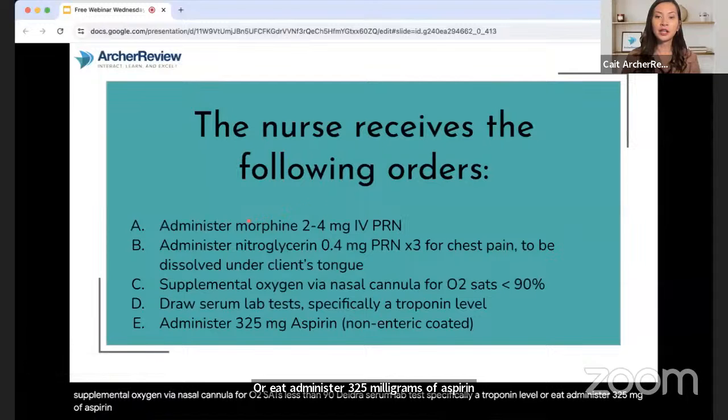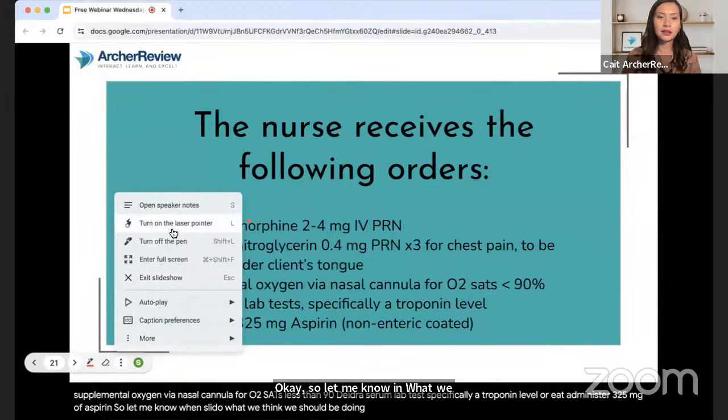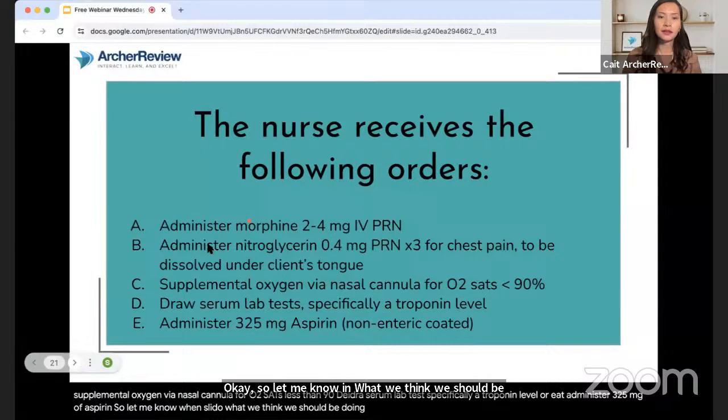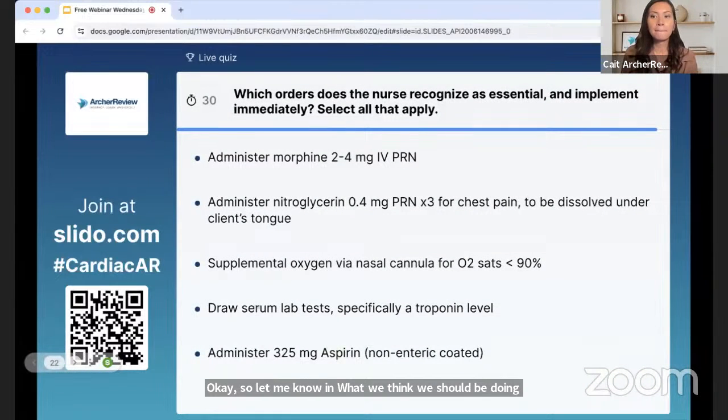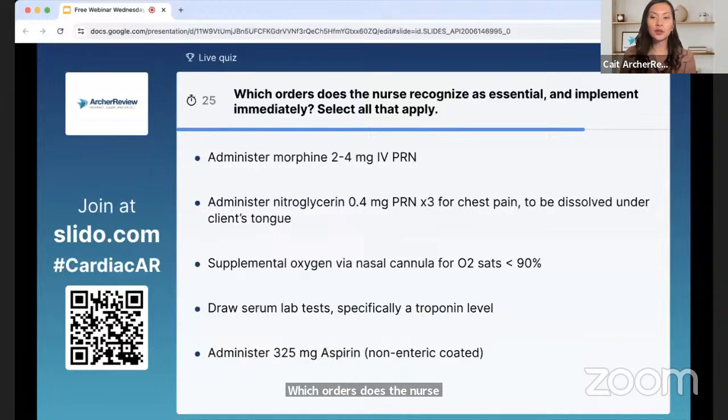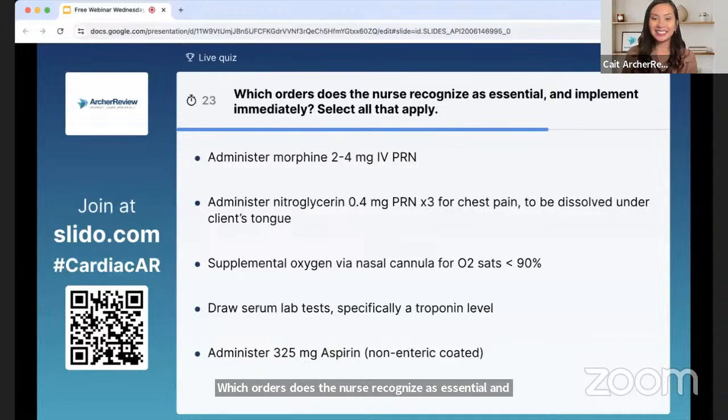Okay, so let me know in Slido what we think we should be doing. Which orders does the nurse recognize as essential, and which ones should we implement immediately?